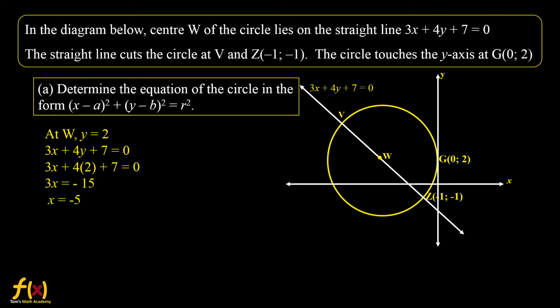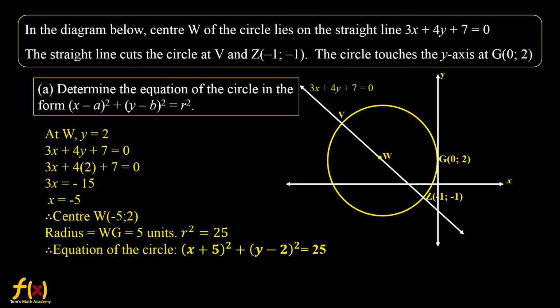We get x = -5. So the coordinates of W are (-5, 2). What is our radius now? WG is the radius, which is 5 units. Therefore, r² = 5² = 25.